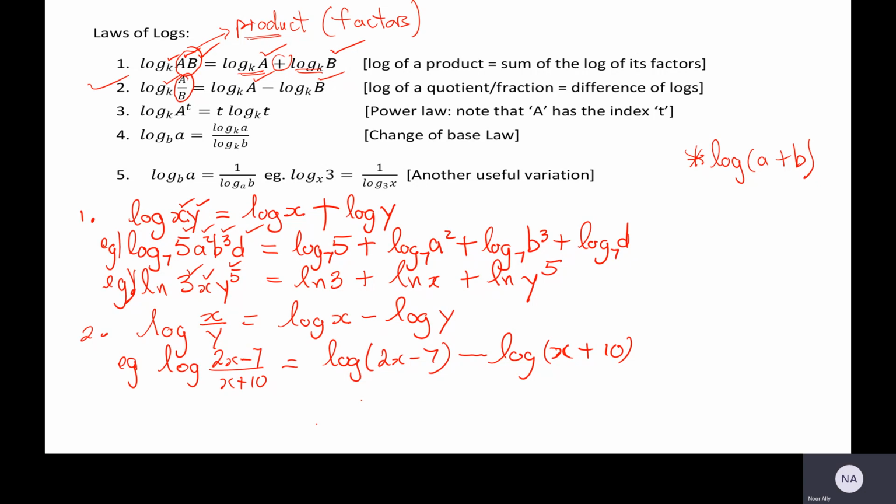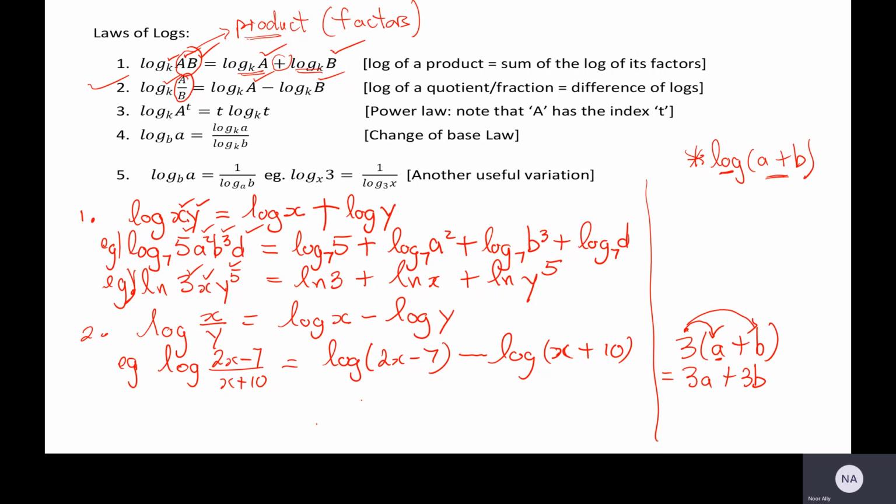The first law is the log of a product. Inside the brackets is not a product. Now, if you look at 3 times a plus b, yes, you are taking a number and you're distributing into the bracket. You're taking a number and multiplying by the variable. So it'll be 3a plus 3b. But you cannot do it here because this is not a number.